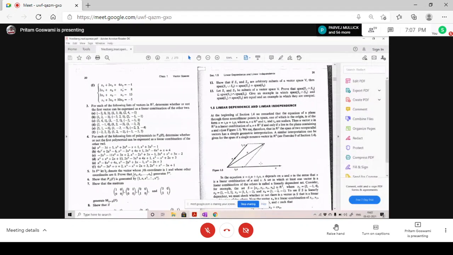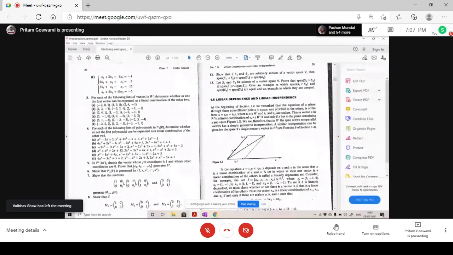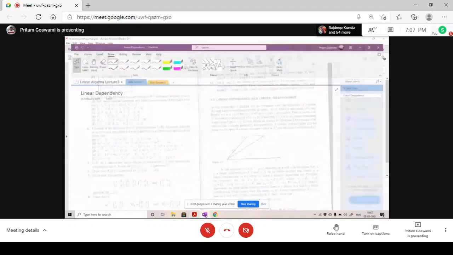Yesterday I told a brief portion about linear dependence and independence and basis, right? So what is linear dependence and what is linear independence? Let's go to an example.